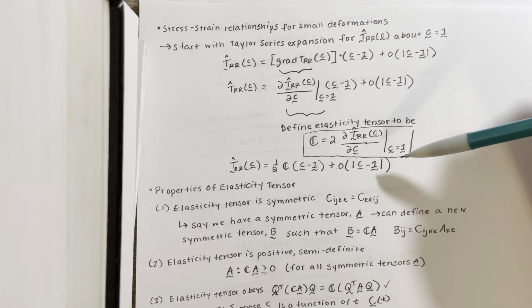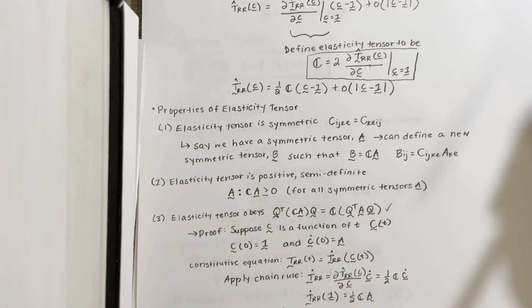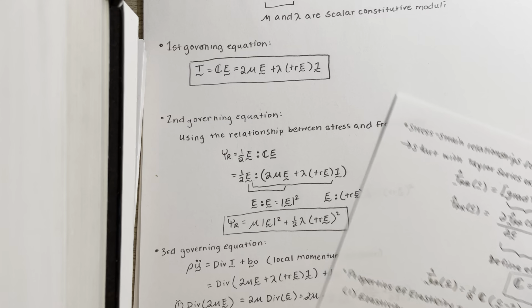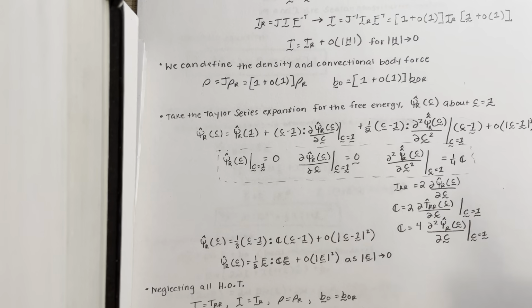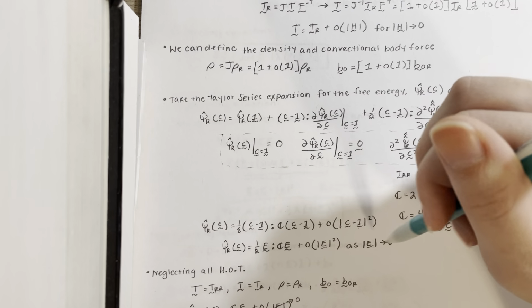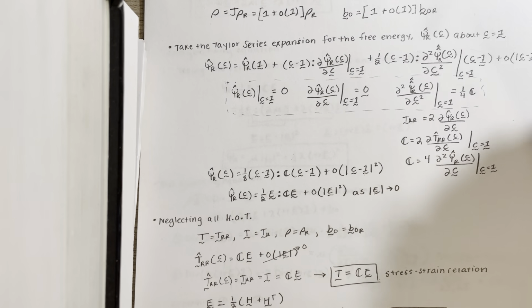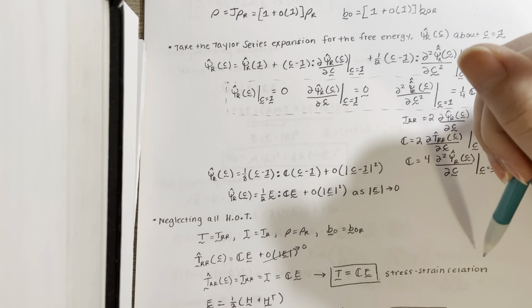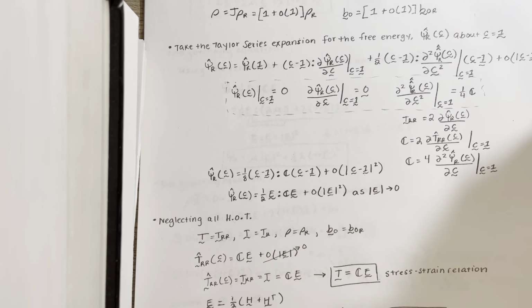So once we defined our elasticity tensor, and then once we also took the Taylor series expansion of our free energy, we were then able to form our stress-strain relation and our equation for free energy in terms of our elasticity tensor as well as our Green-St. Venant tensor, which we used because we are dealing with small displacements and deformations.